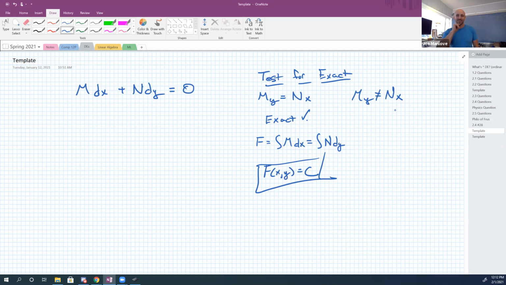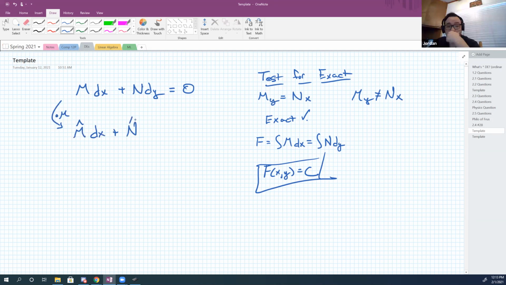You guys with me on that? So, like, if I just multiply this whole equation through by some function mu, I get this new equation. It's got a new M and a new N, and it's still equal to 0.